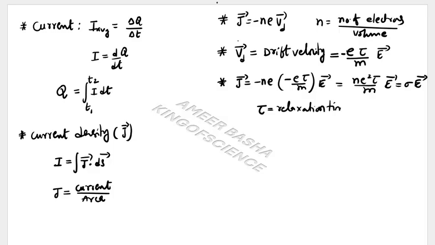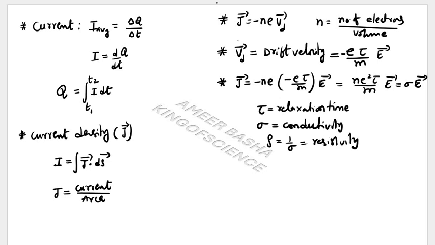Relaxation time means the time gap between collision to collision. m is the mass of the electron and sigma is the conductivity of the material. So rho is equal to 1 by sigma, that is the resistivity of the material.